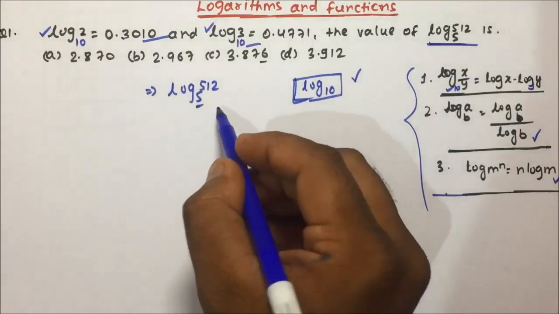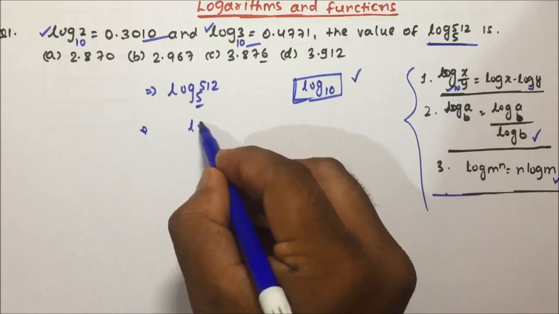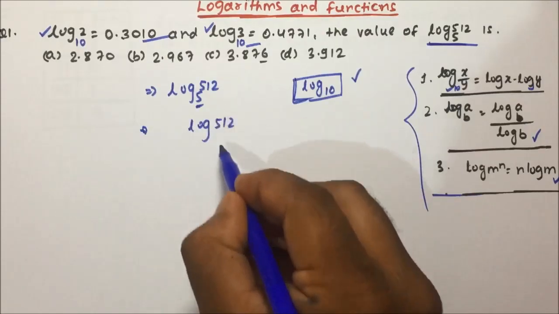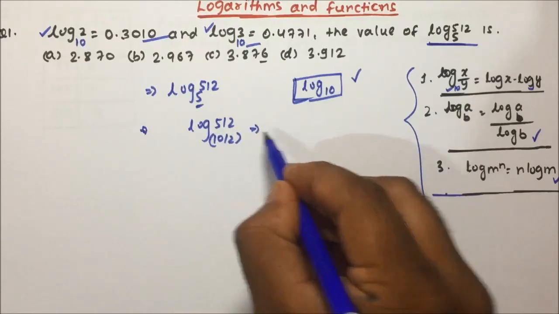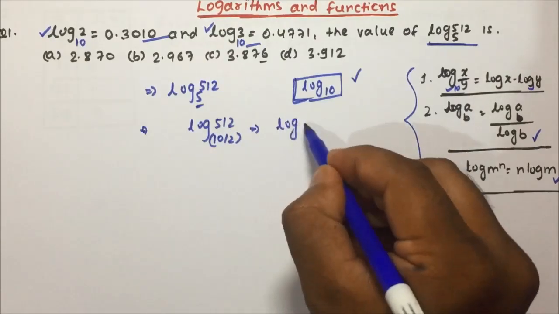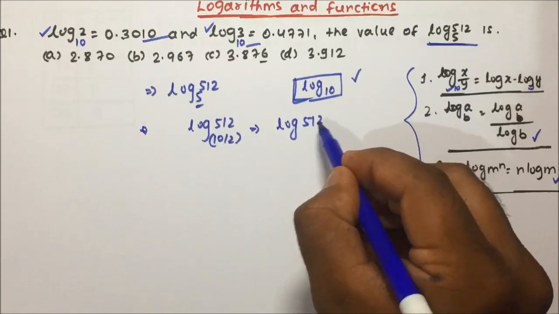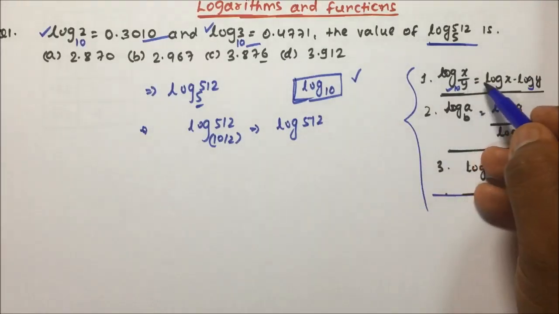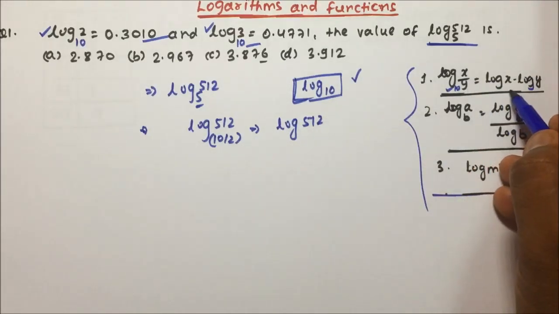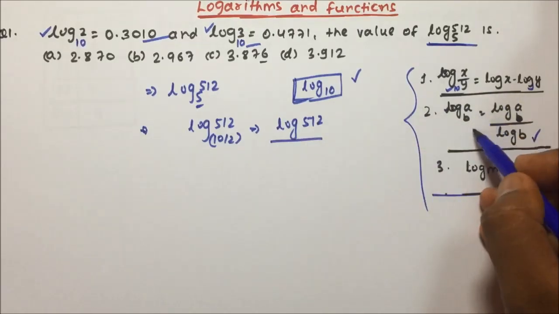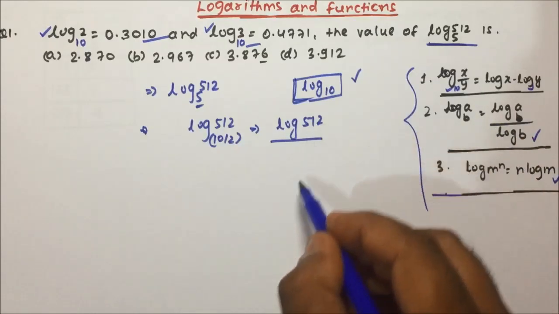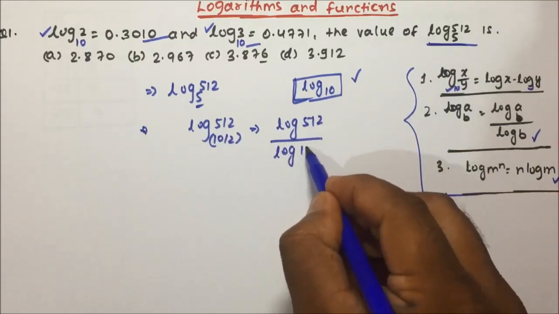Now let's see what can be done for this. So log 512 with base 5, and this 5 I can write as 10 divided by 2. Then log 512 divided by log of 10 by 2.